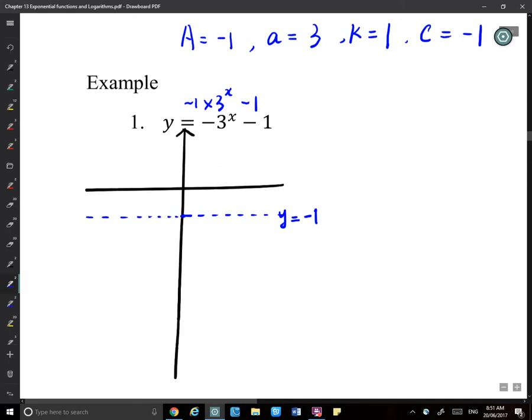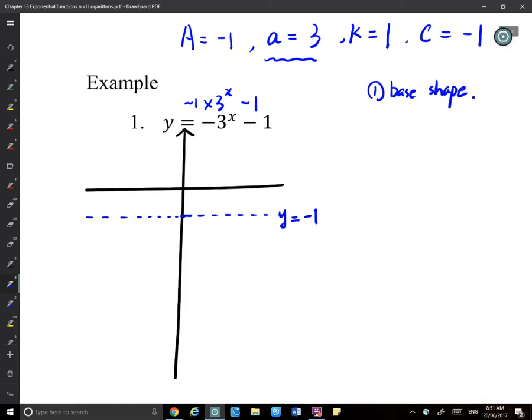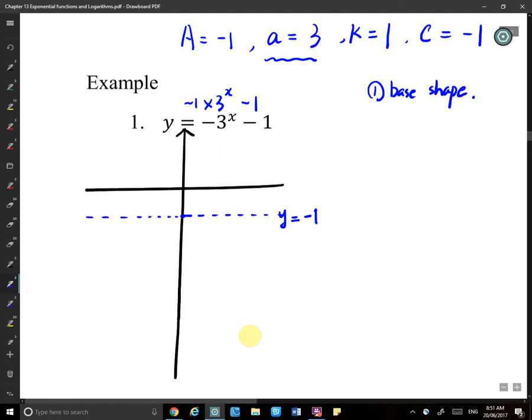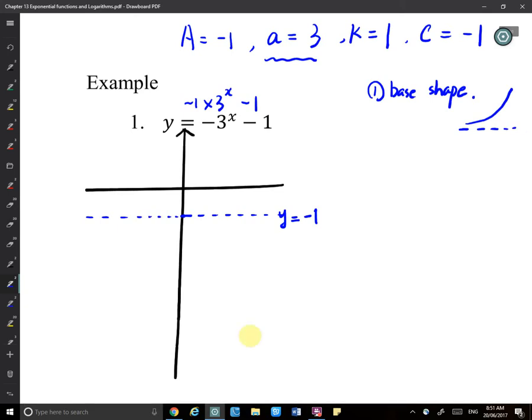Step number 2 is the base shape. Base shape will look at the lowercase a value. Lowercase a is a number greater than 1. Therefore, we have an increasing graph. This is my basic shape. Okay, we start with that increasing shape.